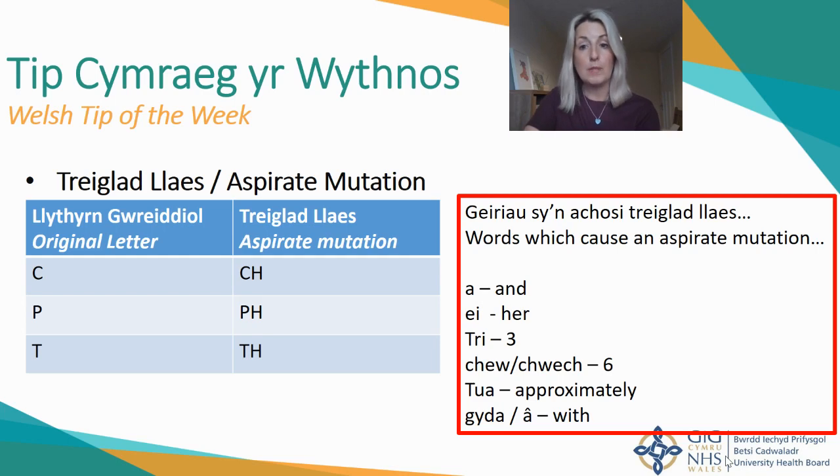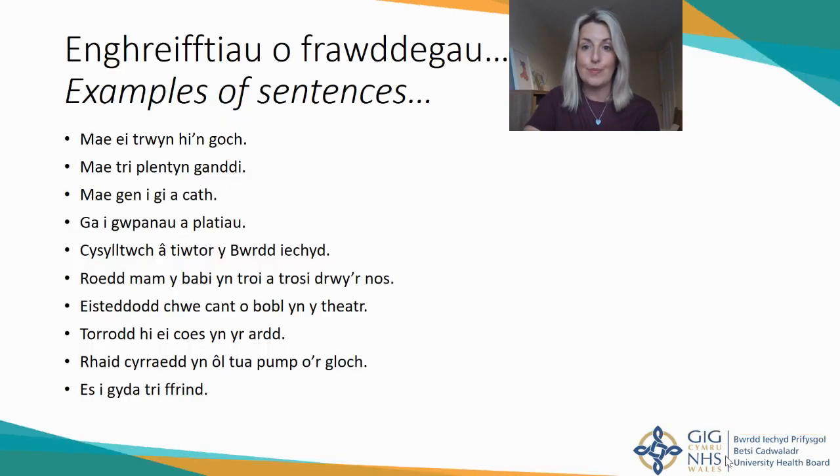The word approximately, tua. And the word for with, gyda, or a with a roof on the top. So a, tri, chwe or chwech, tua, gyda, and a all cause a treiglad llaes, an aspirate mutation.